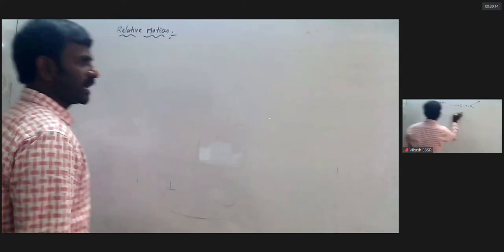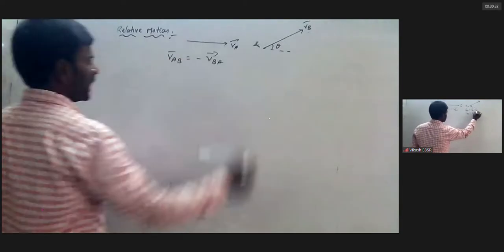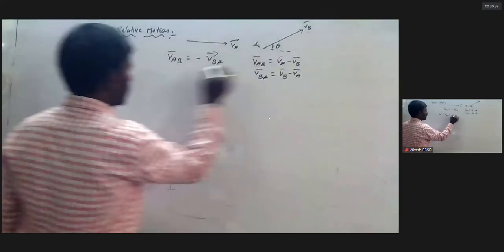For example, you see V A bar and V B bar. So tell me, what is the idea? V A B bar equal to minus V B A bar, because V A B bar equals V A bar minus V B bar, and V B A bar equals V B bar minus V A bar, but the magnitude of both are equal.